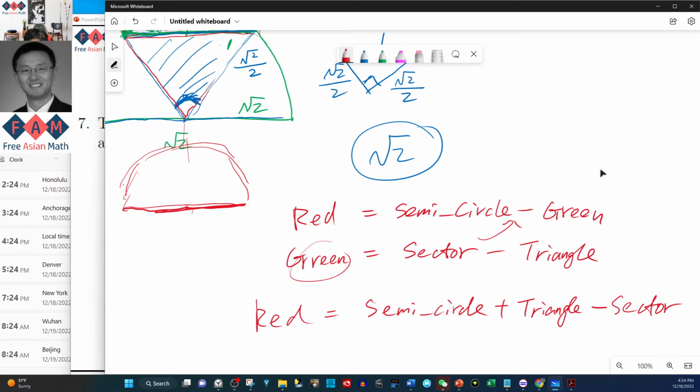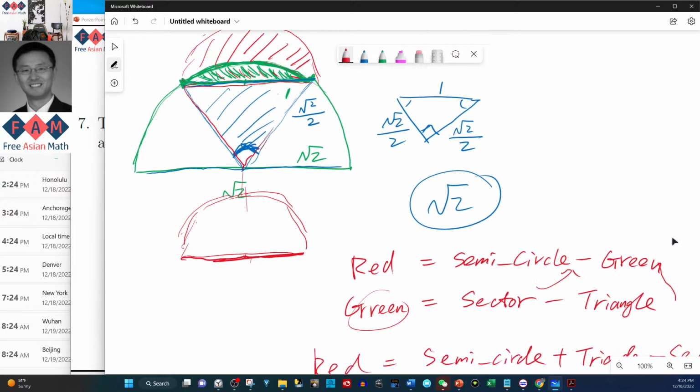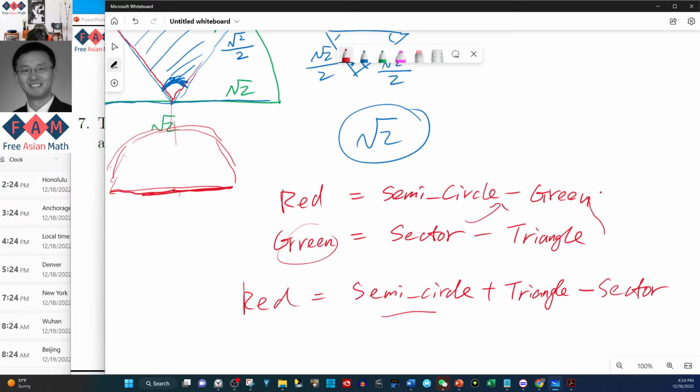Now you can see that if you think that way, this is truly just adding this sector, then this semicircle, so the semicircle plus the triangle, then subtracting this sector.